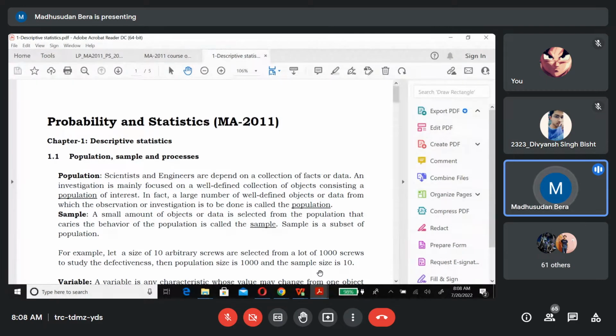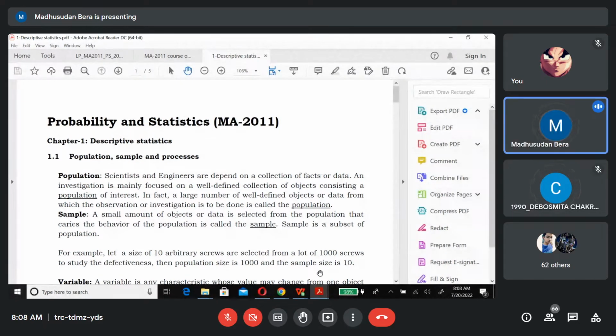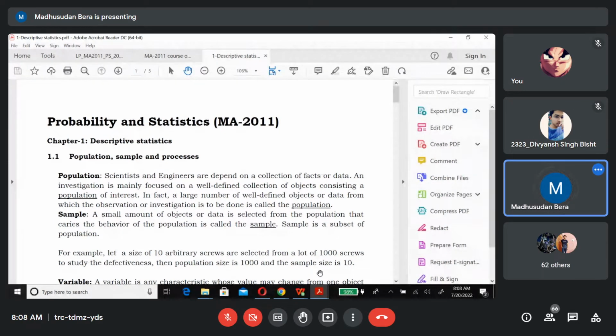The total students of KIIT University, that is the population. And suppose we are picking a total of 500 students from all the departments. Whatever 500 students we are taking, that is called the sample. So the idea about population and sample is clear.